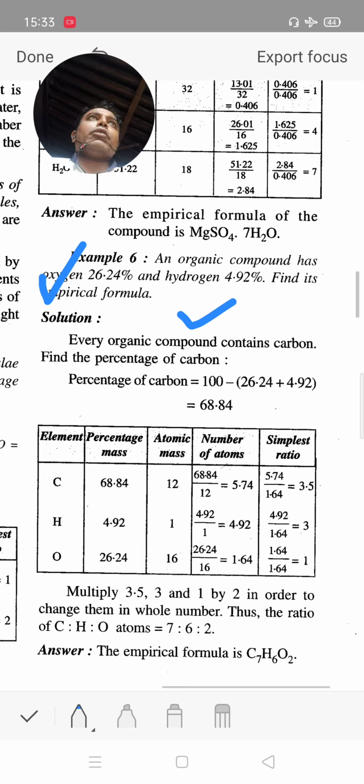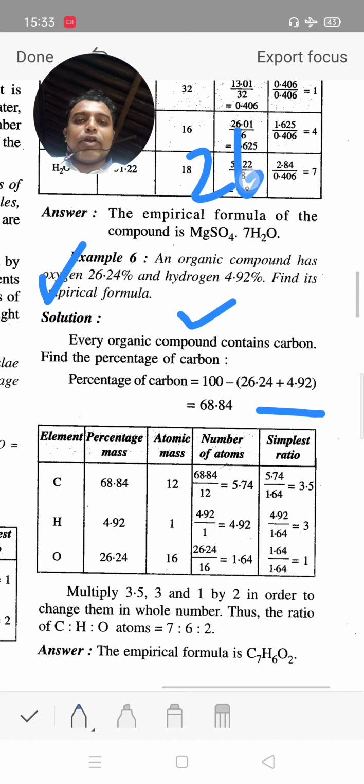Therefore, we calculate the percentage of carbon: 100 minus 26.24% of oxygen plus 4.92% of hydrogen.